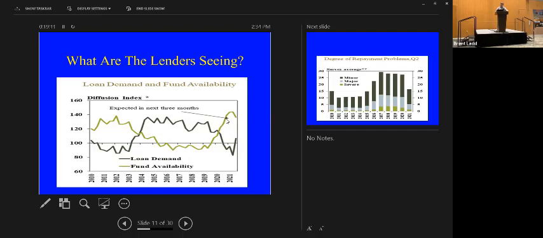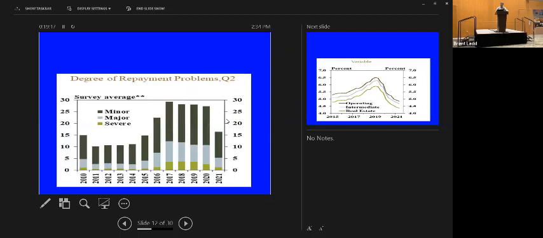It does look like maybe a little bit of a spike here very recently as we've gotten into the second and third quarter. But another encouraging sign that the lenders are telling us, at least based on the Federal Reserve survey, is that debt repayment problems have declined dramatically as we've gotten into 2021 relative to 2020, 2019, et cetera, going back about 4 years previous to the current year.